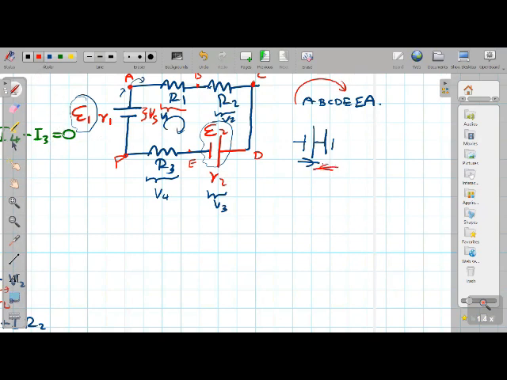So I have to mention that too. So my equation is going to be epsilon 1 minus epsilon 2 equals V1 plus V2 plus V3 plus V4 plus V5. Can you understand?